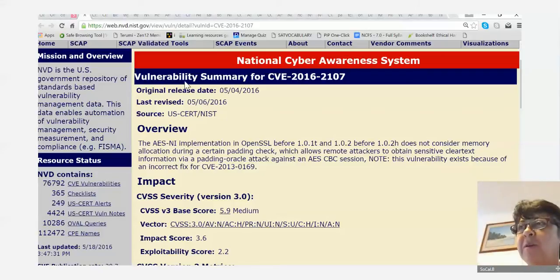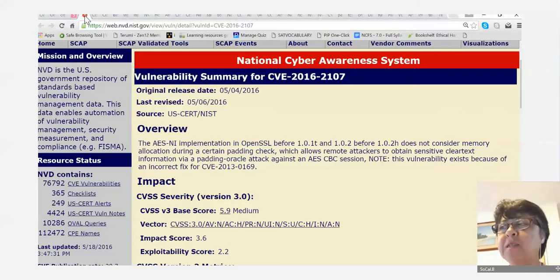What does that mean? There was something wrong with OpenSSL back in 2013. They fixed it, but the fix introduced another vulnerability, and it was stuck there until this year, for about 3 years.